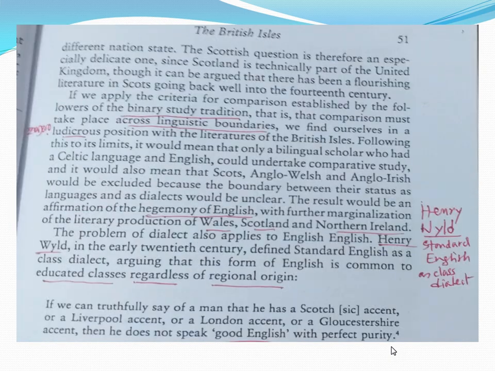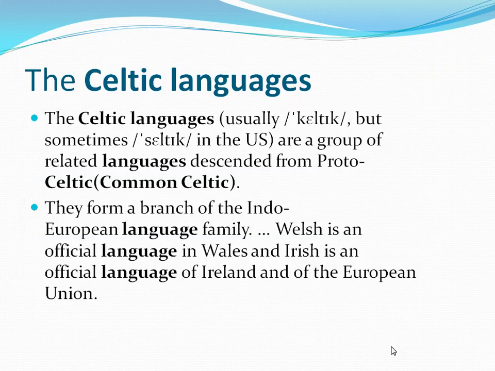Also, they had a Celtic language. The Celtic languages are a group of related languages descended from Proto-Celtic, or Common Celtic, and they form a branch of the Indo-European language family.